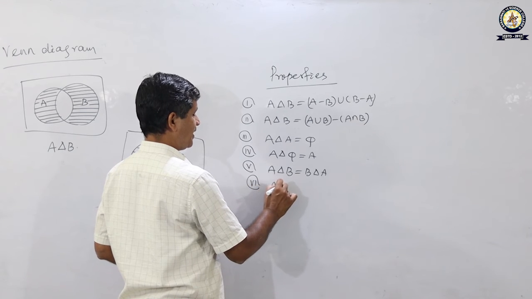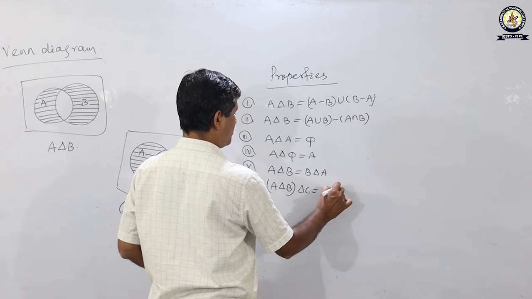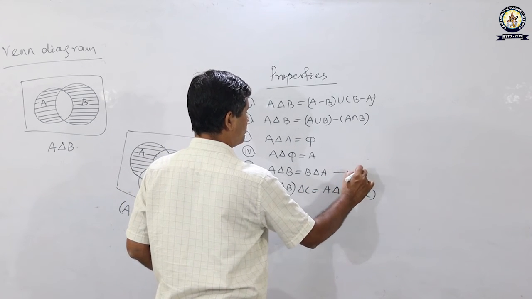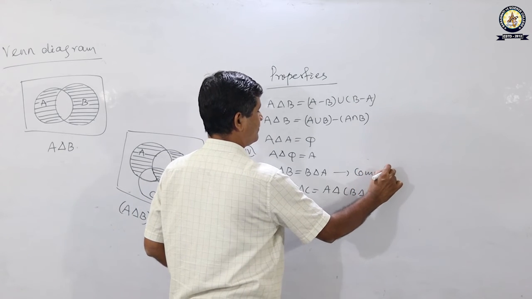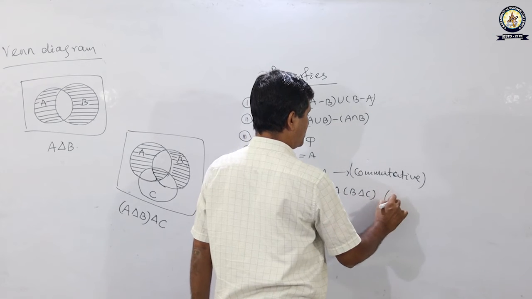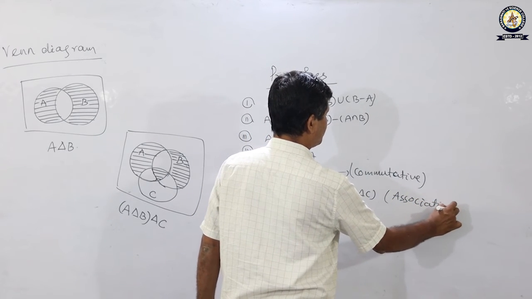Sixth bit, A del B del C equal to A del B del C means it is commutative and also satisfies the associative property.